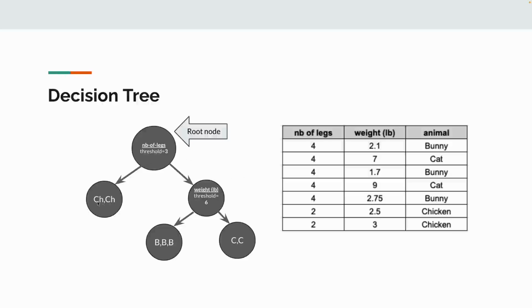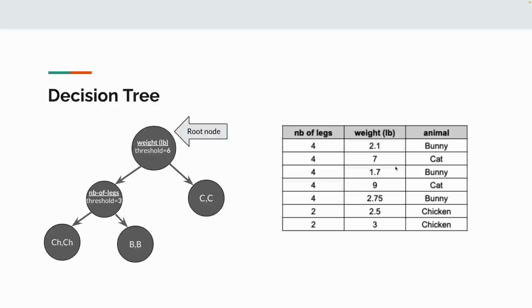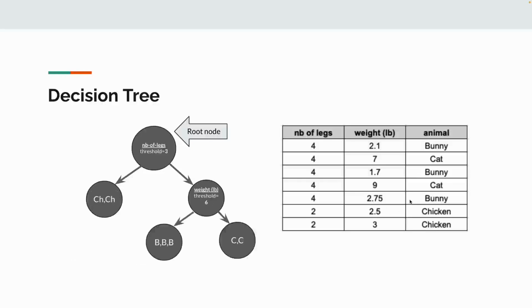So the chicken will be your first left node, and then all the other animals will move to the right side. And then if you use the weight, then bunnies will move to the left node, and then the cats will move to the right node. So for this particular setup, we might have generated 2 versions of trees, and both are actually correct.